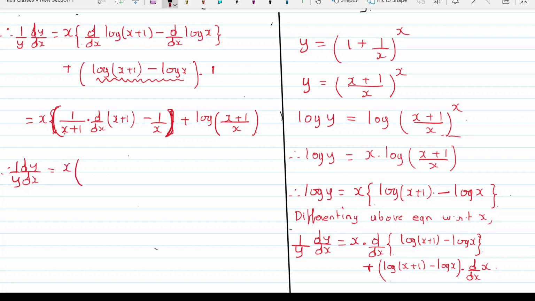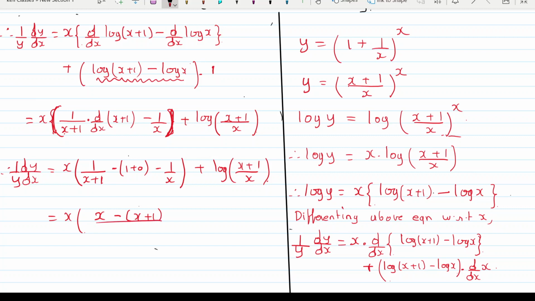So x into 1 upon x plus 1 into 1 plus 0 minus 1 by x plus log of x plus 1 upon x, which is equal to x into, now I can take LCM, so this will be x minus x plus 1 divided by x into x plus 1 plus log of x plus 1 upon x.